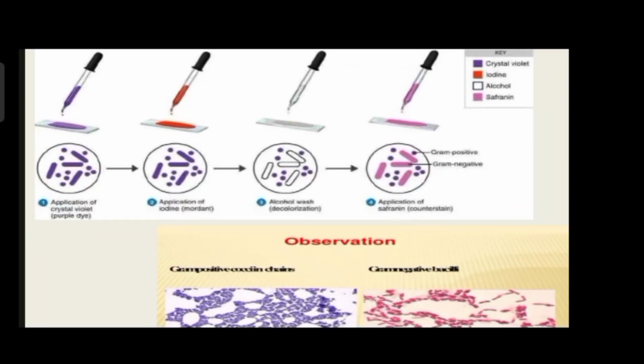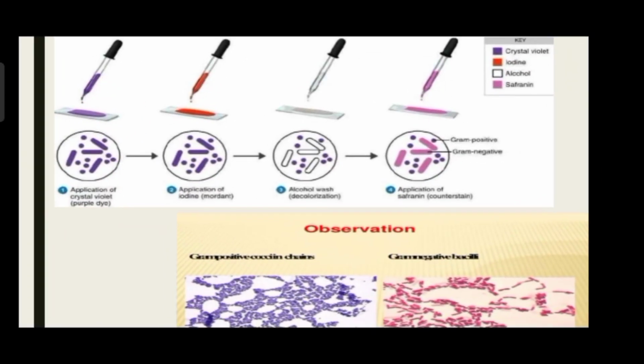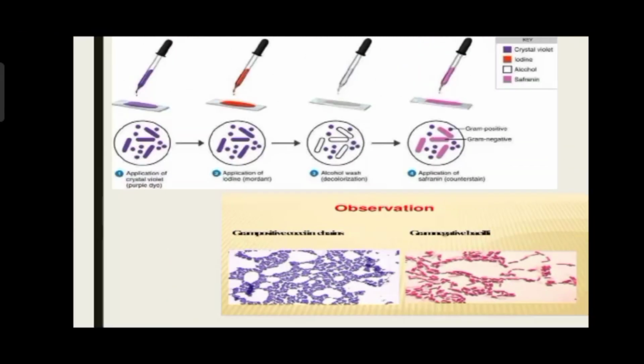So in the last figure you can see the crystal violet iodine complex showing the gram positive bacterial cells, and the red colored cells show the gram negative bacterial cells. So this is how the gram staining technique takes place. This is all about the staining of microbial cells.